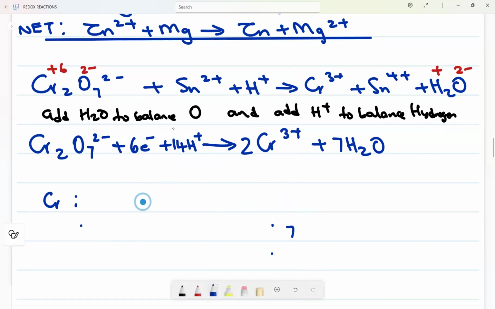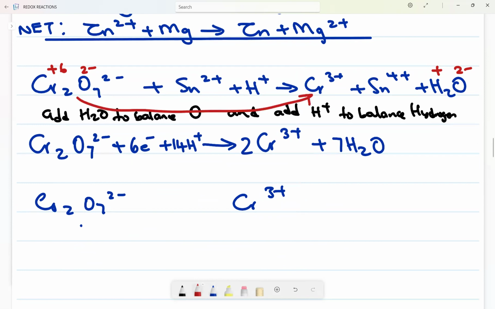But what you can do is, you can go look for Cr2O7 2 minus, that forms me Cr3 plus on my table. And let me look at this one. We say this one undergoes reduction again. So when you check Sn, it undergoes what?